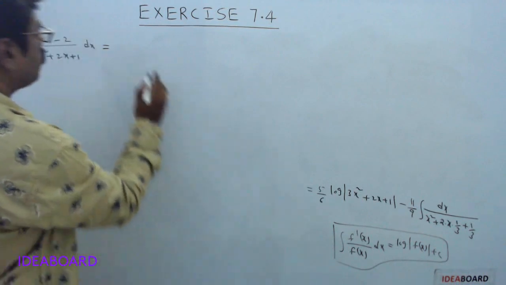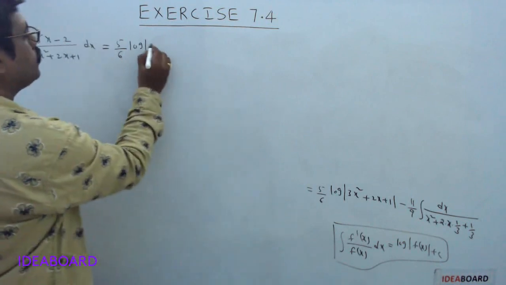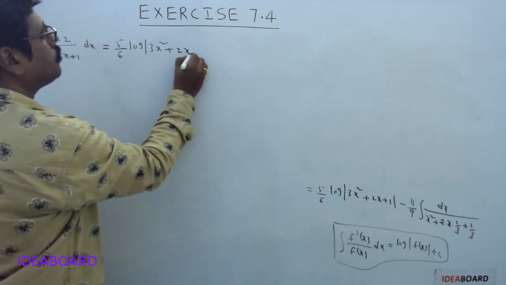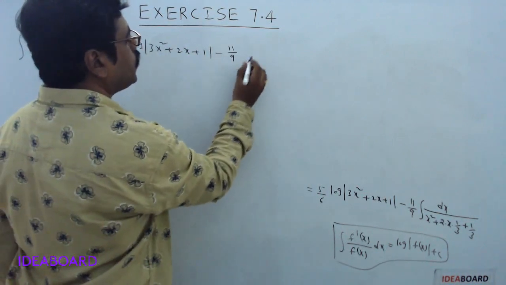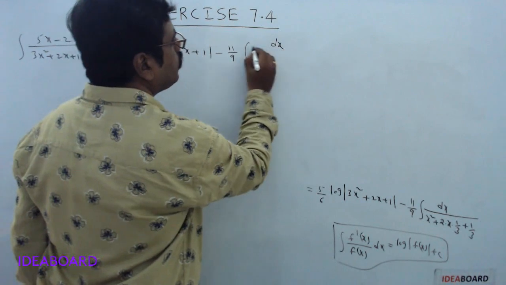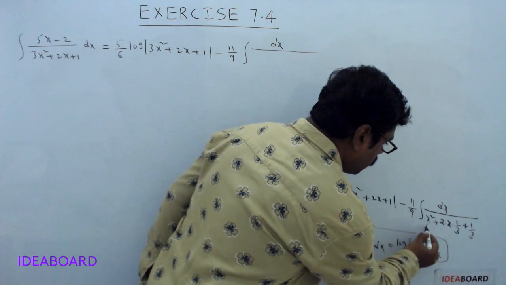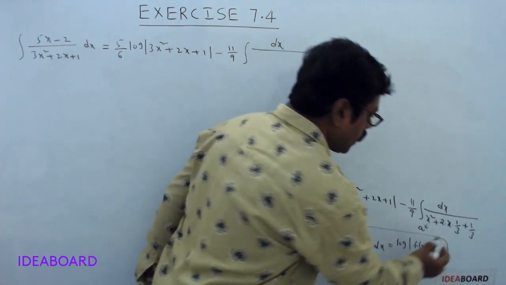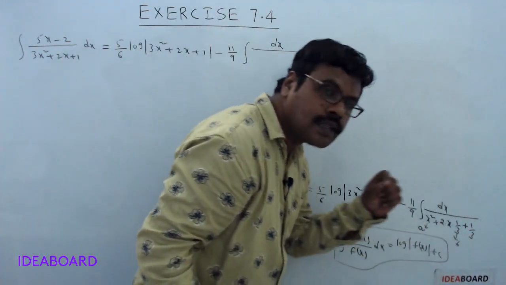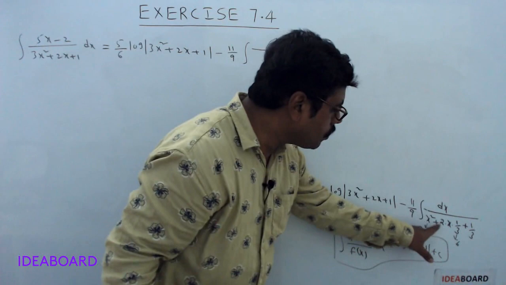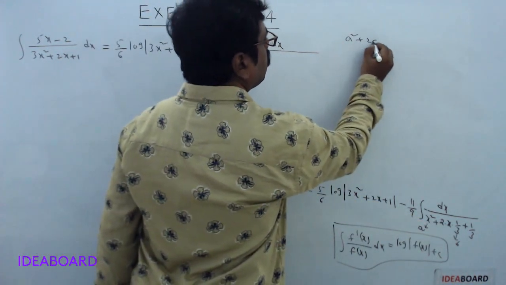This is equal to 5 by 6 into log mod 3x square plus 2x plus 1 minus 11 divided by 9 into integral dx divided by, here if you consider this x as a and this 1 by 3 as b, this expression is of the form a square plus 2ab form. So a square plus 2ab.